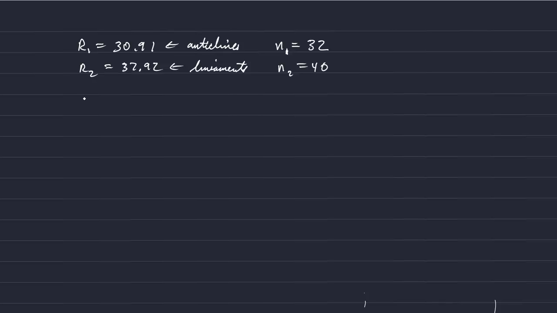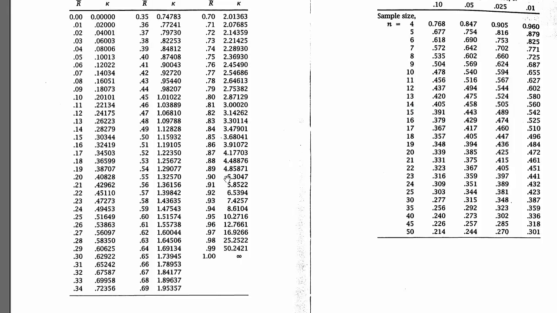I found that RP, the normalized R̄P, was equal to 0.934. And if we look at table A9, the normalized value is between 0.93 and 0.94, so the kappa value is between 7.43 and 8.6.